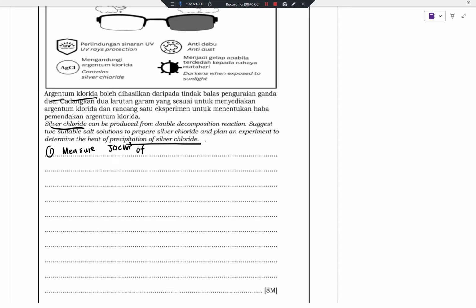So we choose silver nitrate and sodium chloride, since they must be soluble. So measure and pour 50 cm cube of 1 mol dm negative 3 silver nitrate solution into a polystyrene cup.